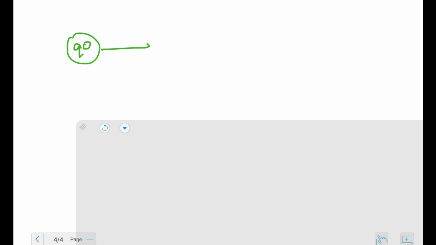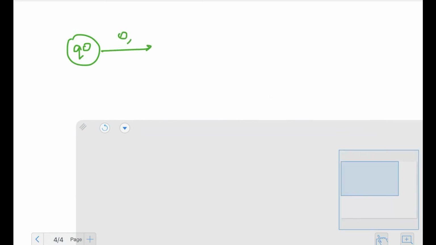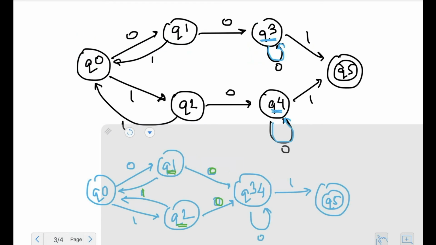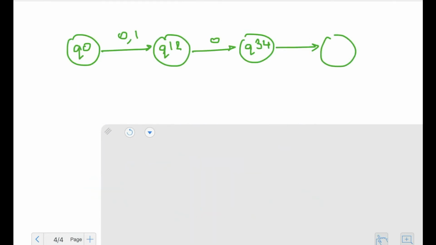So here I can draw my final minimized DFA, which is Q0 right here, which on 0 or 1 goes to a new state which is Q1,2, which on 0 goes to Q3,4, which on a 1, yes, goes to Q5 right here.